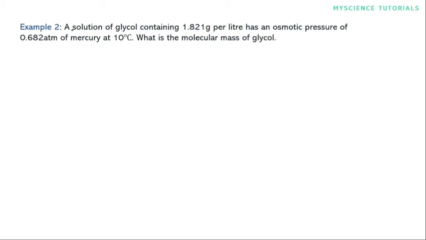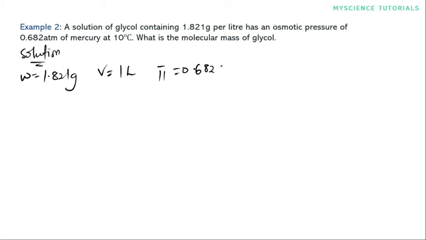Just like we did for the first example, the mass, small w, is 1.821 gram per liter, which means the volume is 1 liter, and the osmotic pressure is 0.682 atm. The temperature is 10, so we add 273 to it, which gives 283 Kelvin. We have to calculate the molecular mass of glycol.